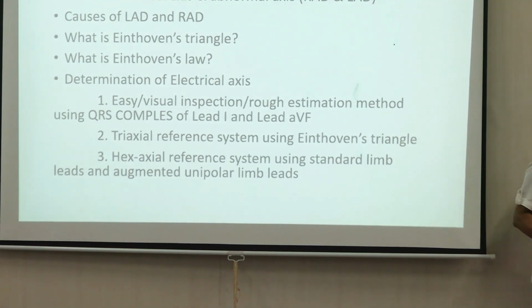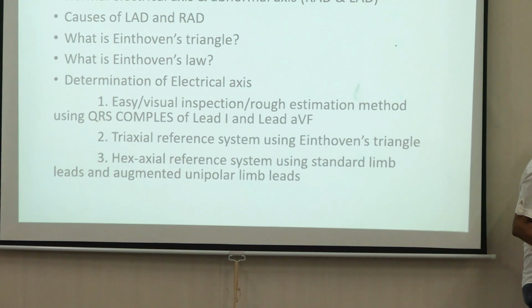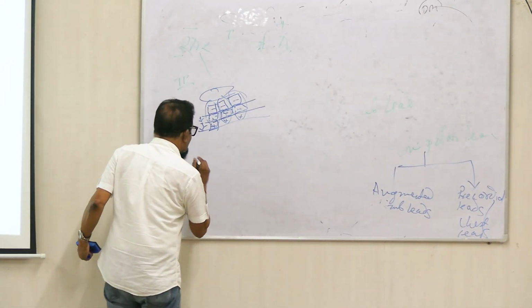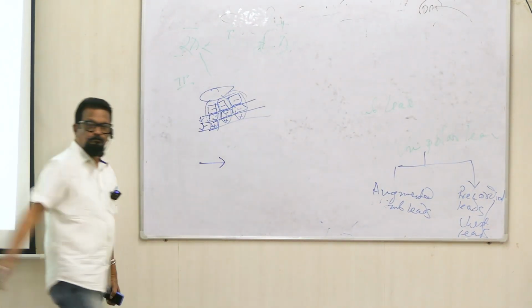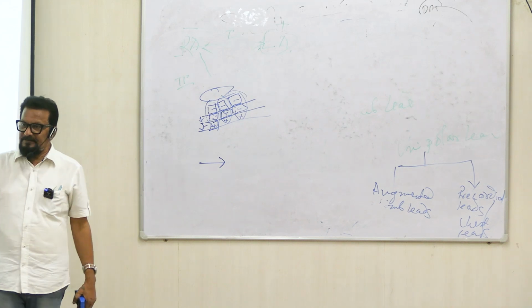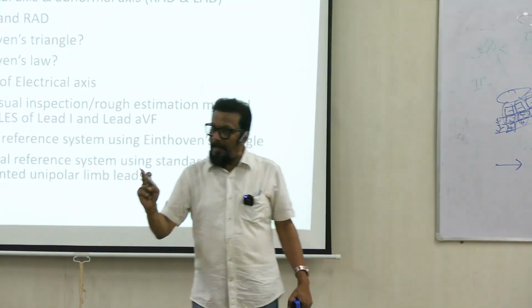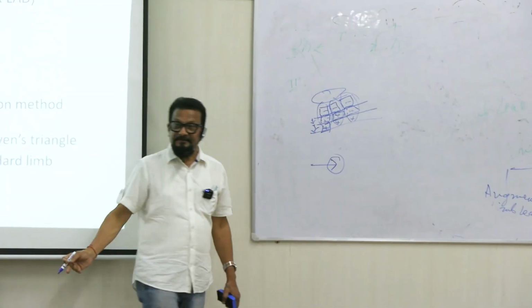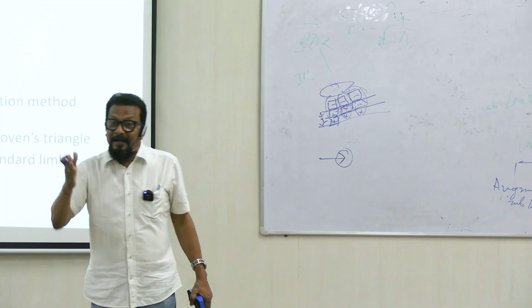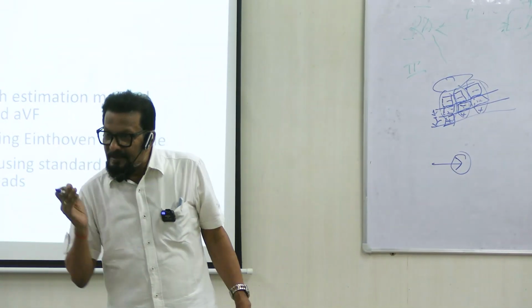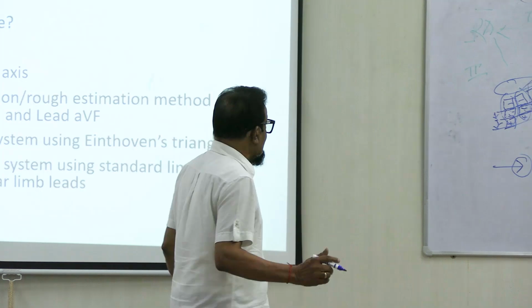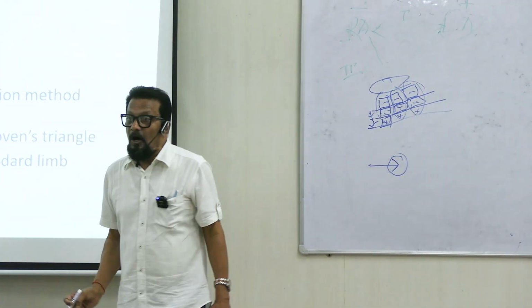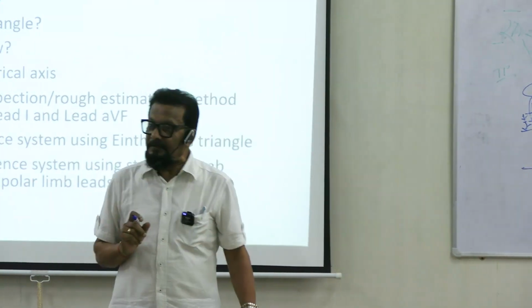A vector is represented by an arrow. The arrowhead signifies in which direction the current is flowing, and the length is the strength, magnitude or amplitude of this quantity.